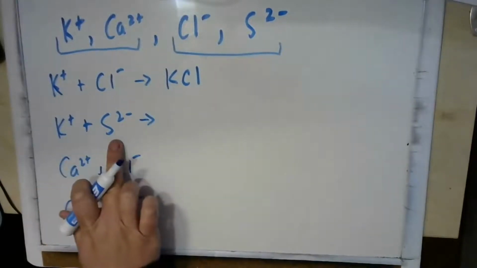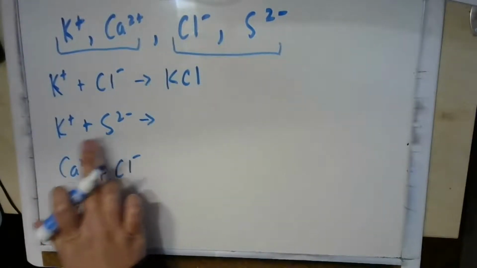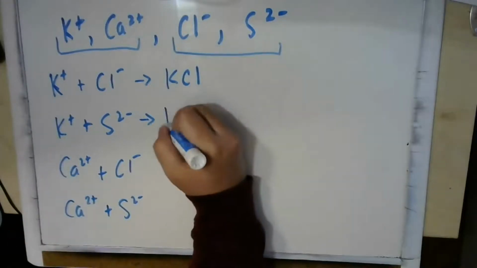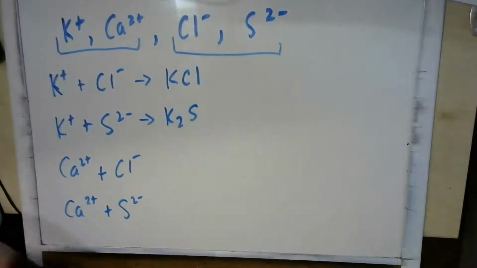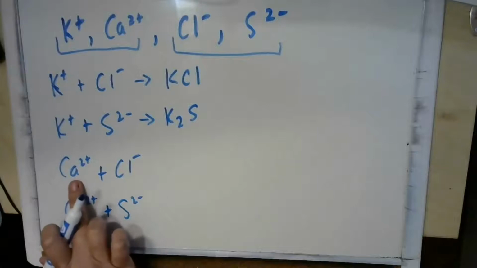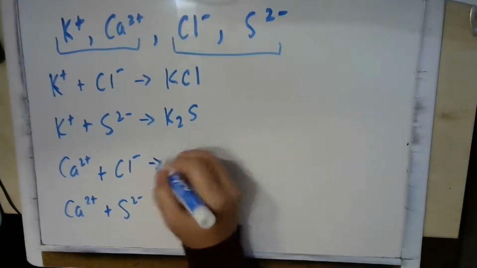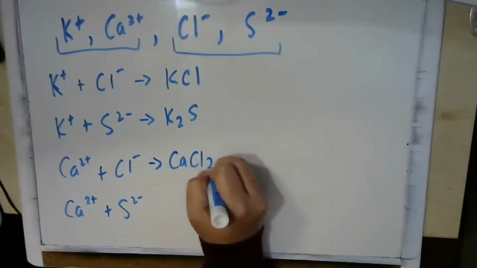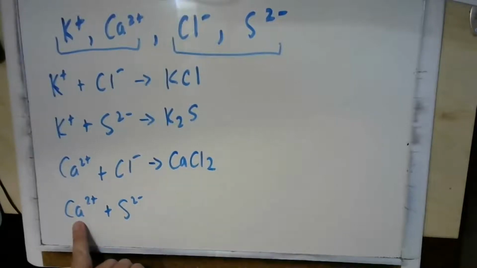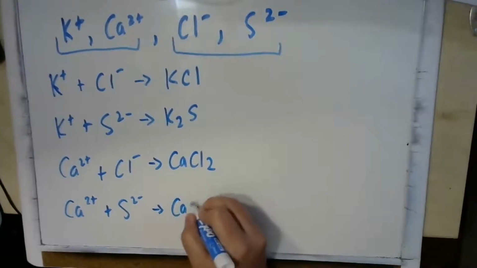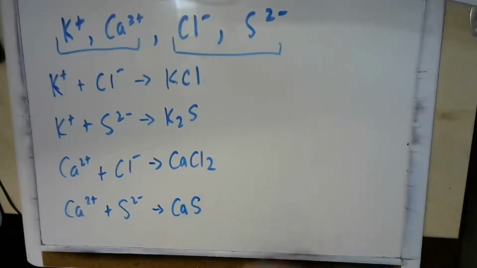The sulfur has a -2 charge and potassium is only +1, so I'm going to need 2 potassiums for every sulfur. My calcium is +2 and my chlorine is -1, so I'm going to need 2 chlorines to balance out that charge. And then my calcium is +2 and my sulfur is -2, so they will combine in a 1-to-1 ratio.